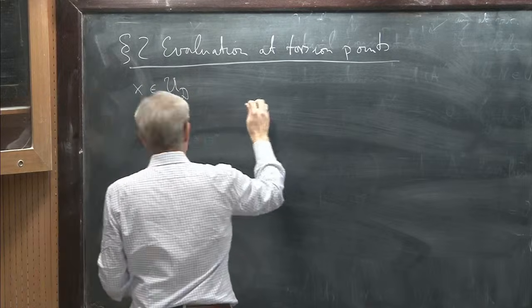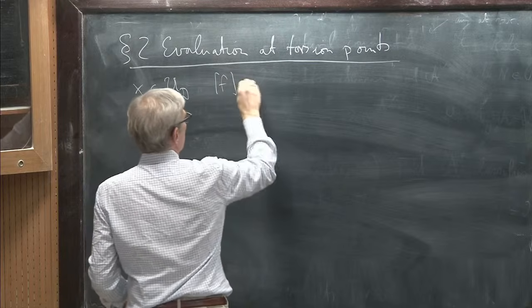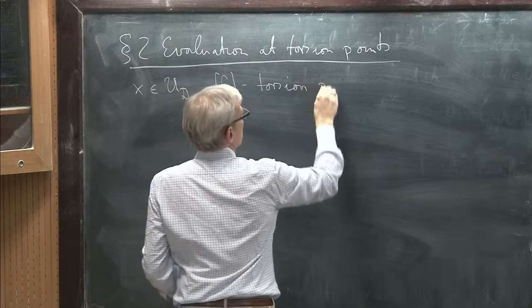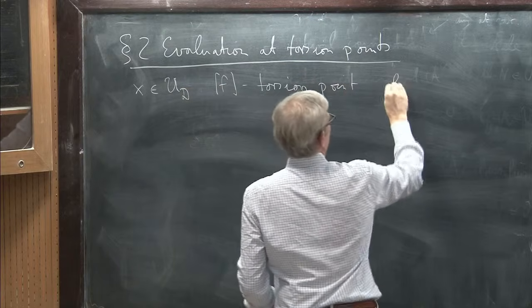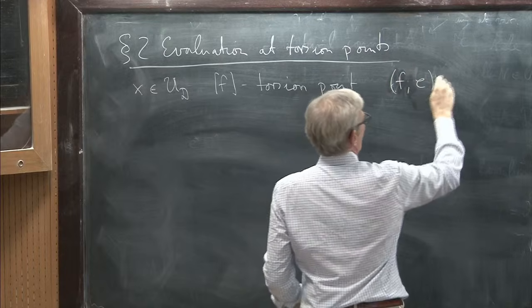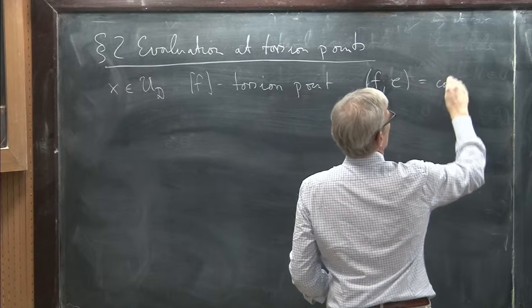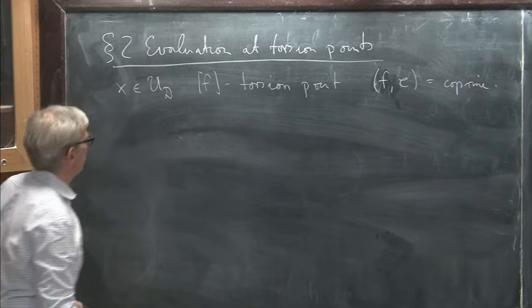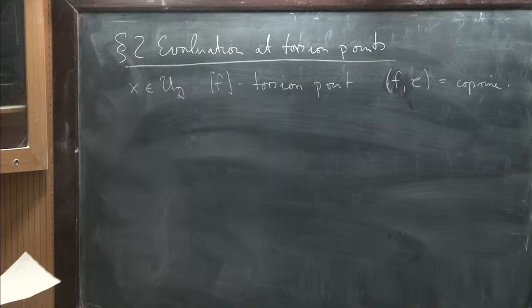This should be an F-torsion point. This F and this C should be somehow coprime, whatever that means, or isogenies, but later they will be given really by ideals in O_L.